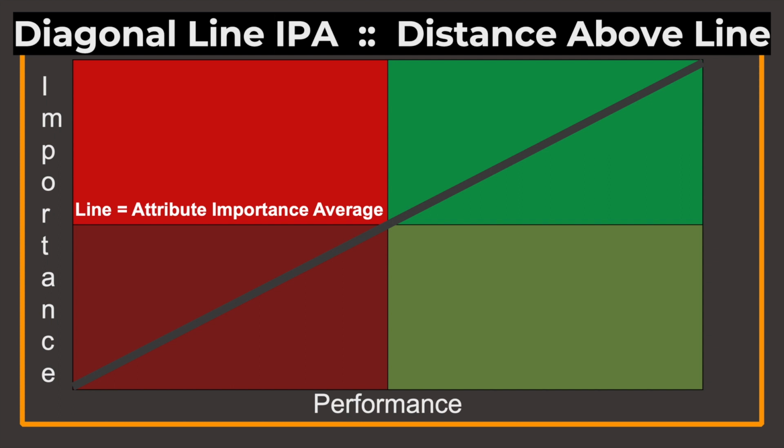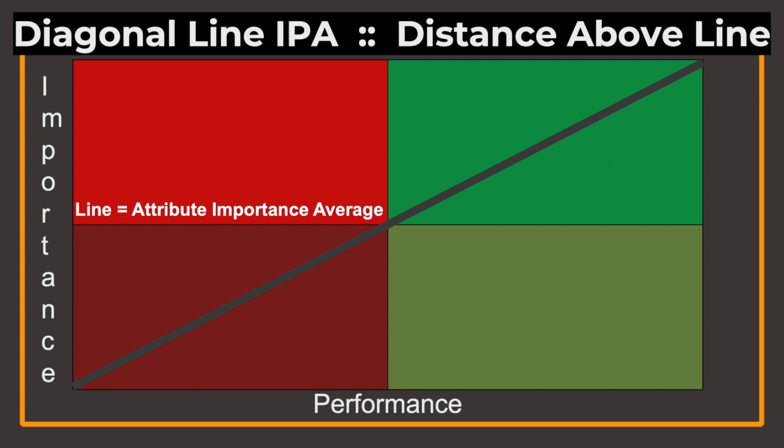Now, when I've done standard IPA, or the OG IPA, I sometimes would use the average importance, and sometimes I would use the midpoint, right? And the midpoint would be like, if the scale went from 0 to 25, 12.5 is right in the middle. Both of those are acceptable, and they're good. However, when we use diagonal line IPA, it's really important that we use the attribute importance average as the line.